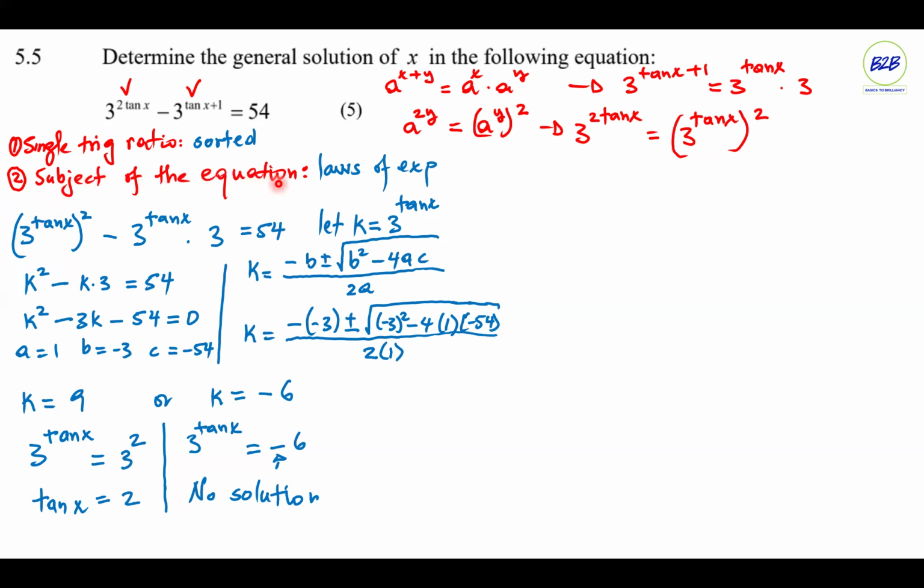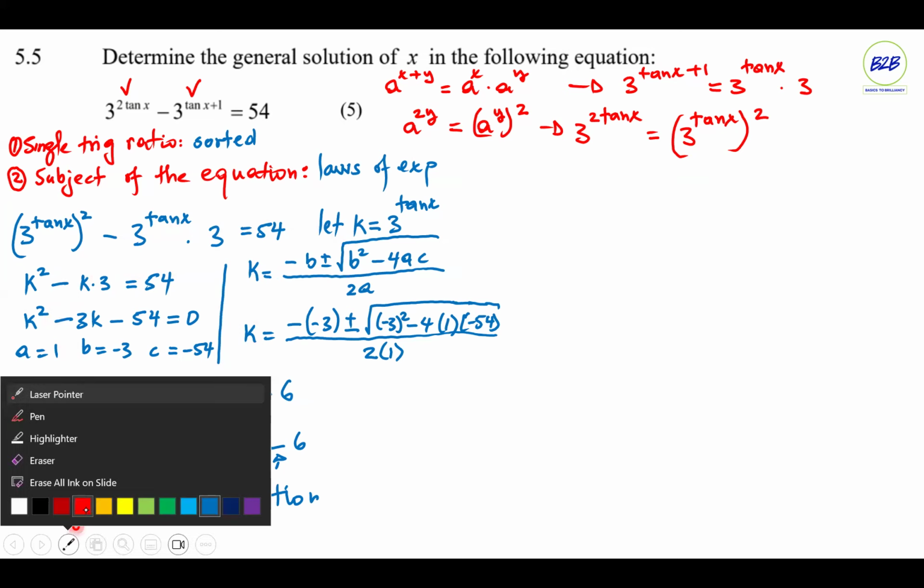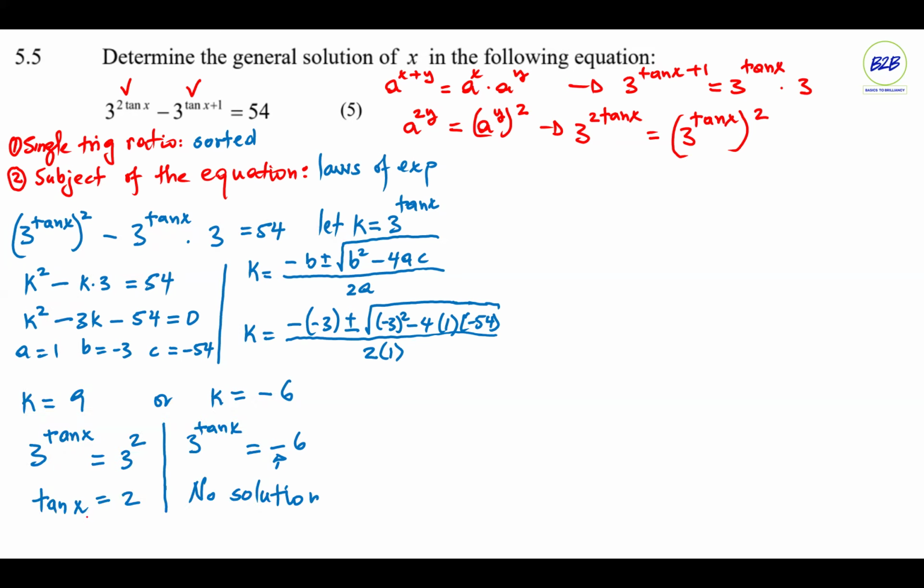What do we apply? The laws of exponents. Most of what we did here is not trigonometry. It is algebra. So if you find yourself struggling a bit with what is happening here, your issue is not trigonometry, it is algebra. Right. Let us go to our third step, which is to do what?